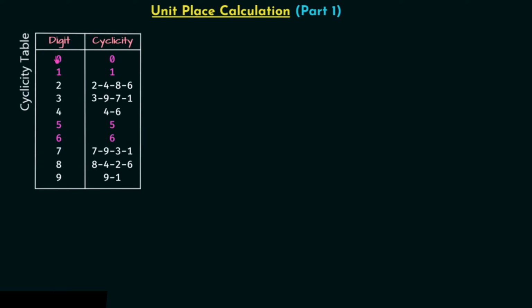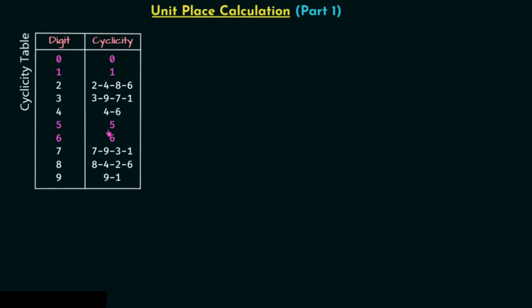This means for these 4 digits, the cyclicity is equal to the digit itself. When you calculate the powers of 0 or 1 or 5 or 6, you will always get the digit itself at the unit place.